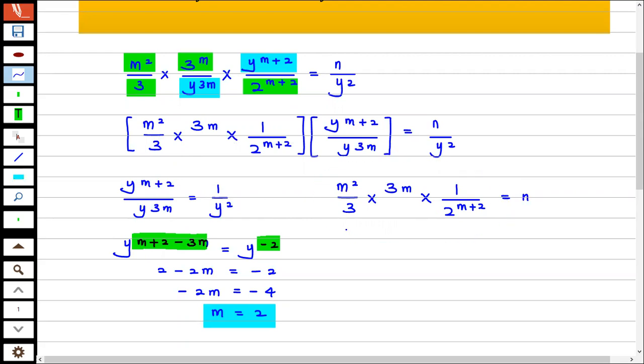So we substitute. You're going to get n is 2 square over 3 times 3. The m is 2 again, times 1 over 2 plus 2, equals to n.